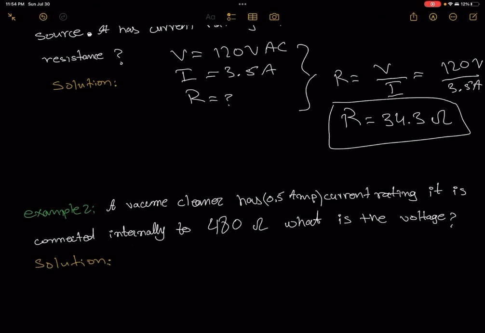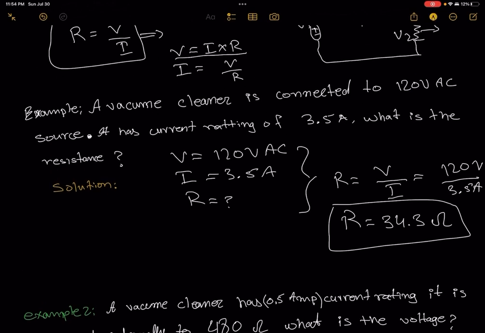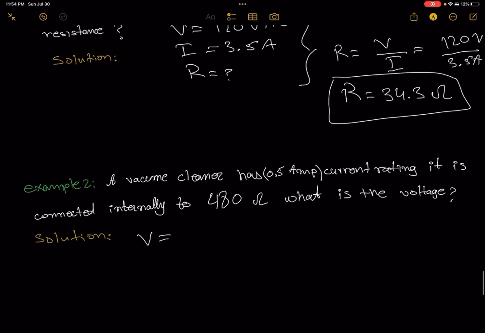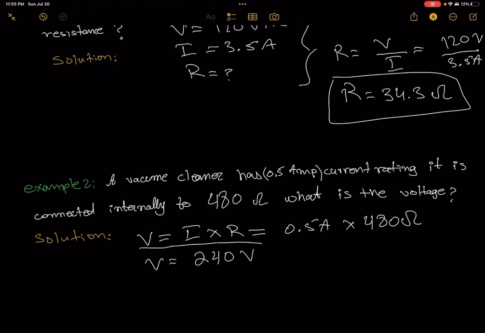So we need to find V. V is equal to I times R. I is given, the amperage is 0.5 amp, times R, which is 480 ohms. So V will be equal to half of 480, which is 240 volts.